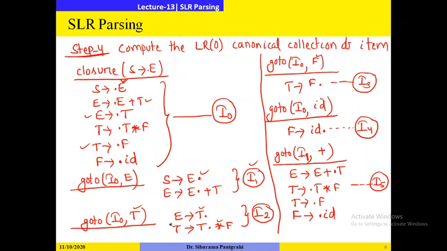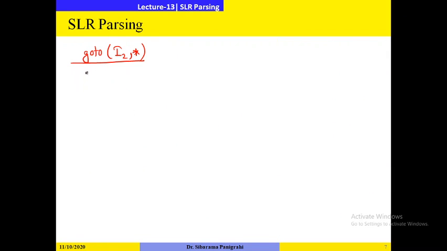I will get T gives to T star dot F. Dot F means what I will do? I will include all the F productions over here. So F gives to dot ID. Okay. So now this one I will name it as I6.